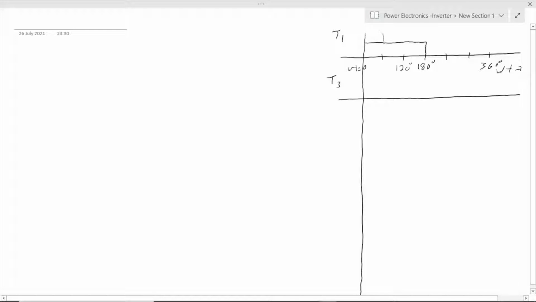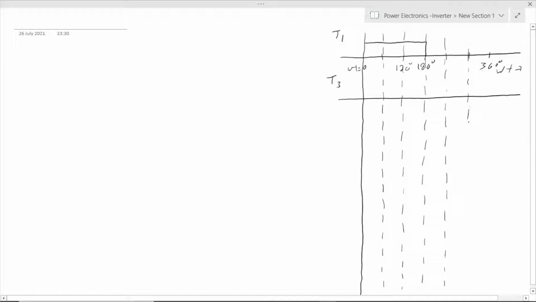If I just draw a line, let me complete this. This is 240. This is 300.